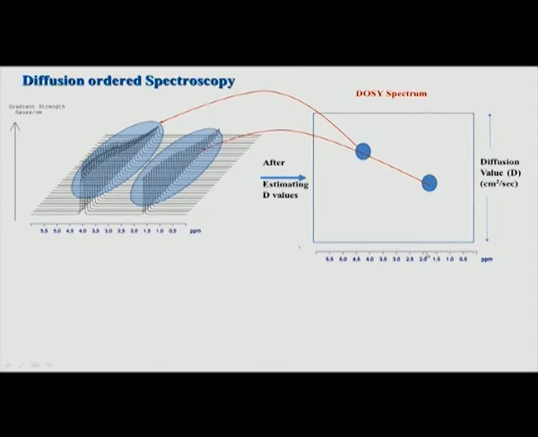On the x axis you show the chemical shift value, which is the same as this 1D spectrum, and on the y axis you plot the diffusion value, whose units are given like this.